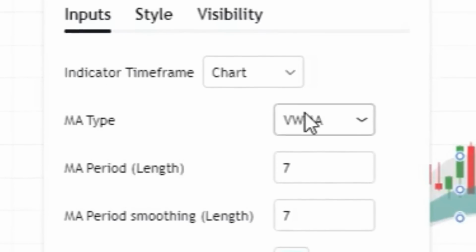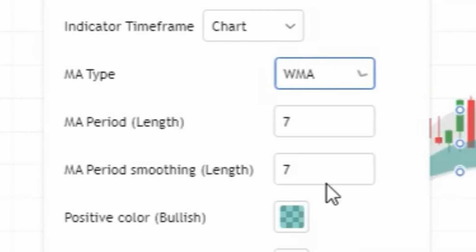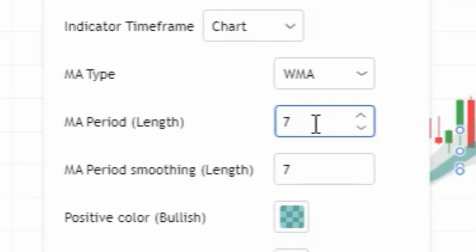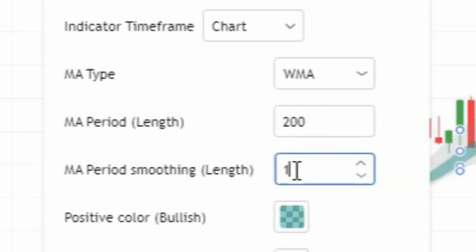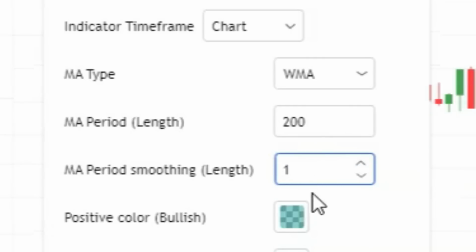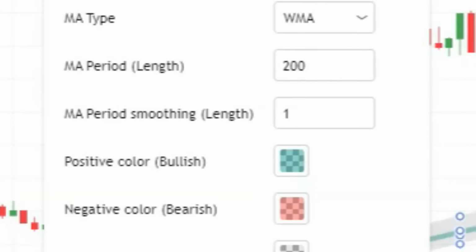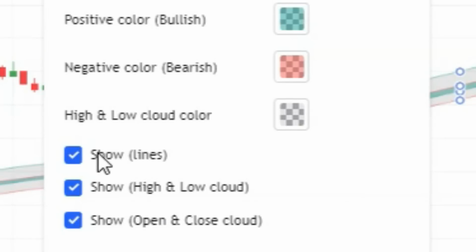Then change the MA type to WMA and the MA period to 200. And remember to set the MA period smoothing to 1 and enable the show lines option.